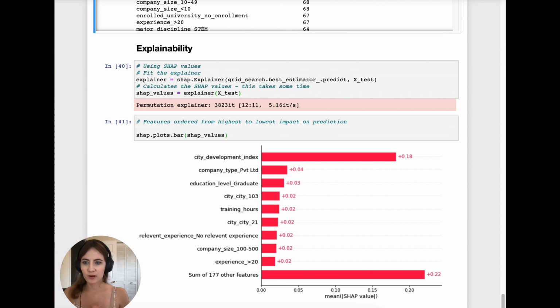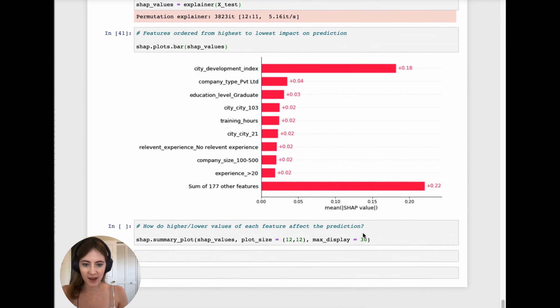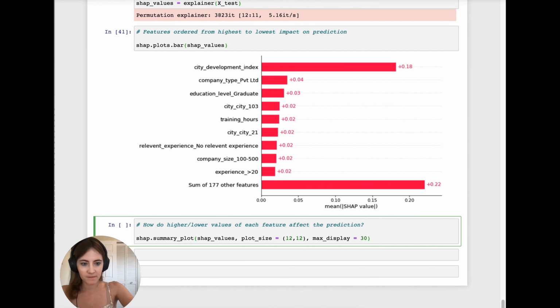Next, what we'll want to do is take a look at the feature's directional effect on the prediction, meaning do higher or lower values of these features affect the prediction in a positive or negative way. So we're going to go ahead and we'll run the next cell here.